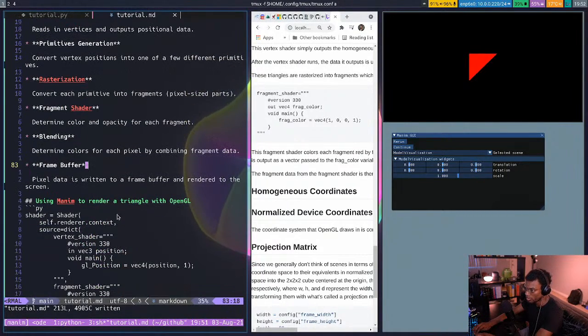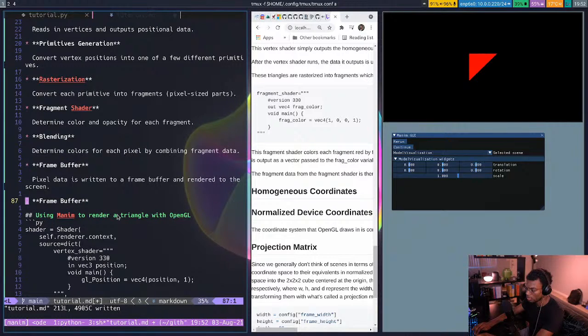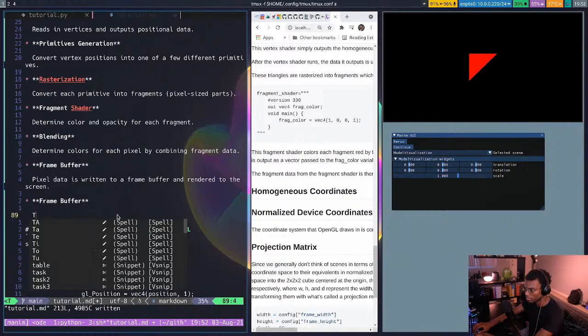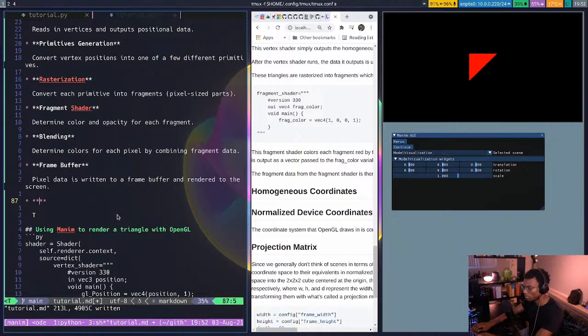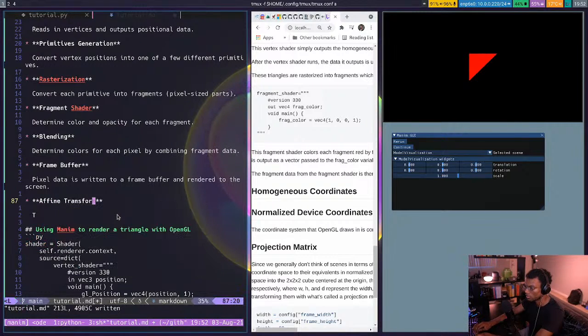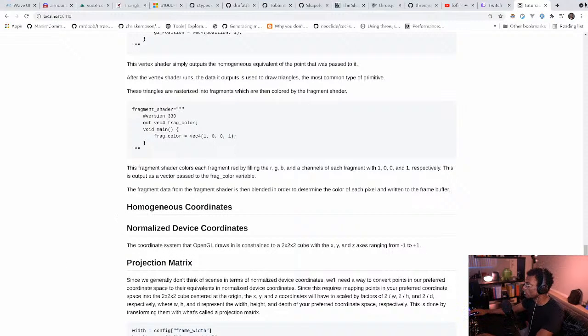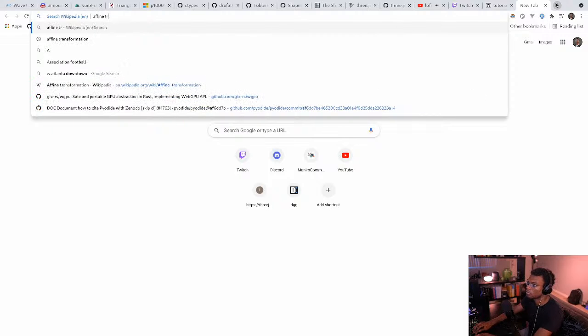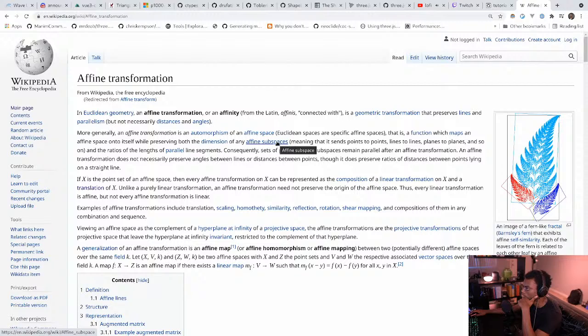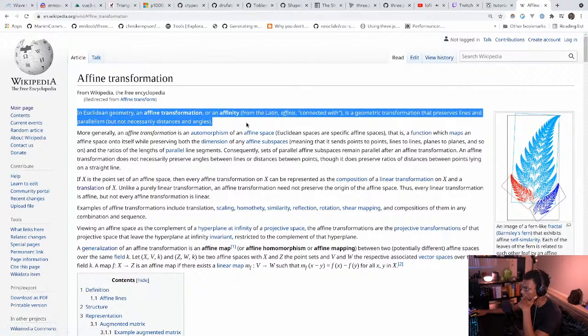Affine transformation is one of those things, like in video games, that you've never looked up a definition for. You just figured out what it is eventually. I guess this is probably fine.